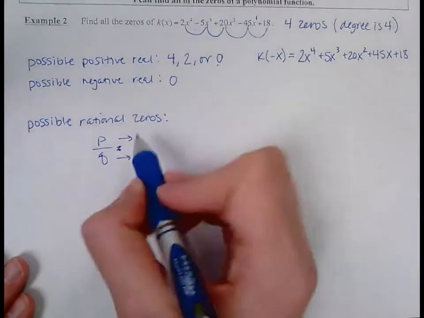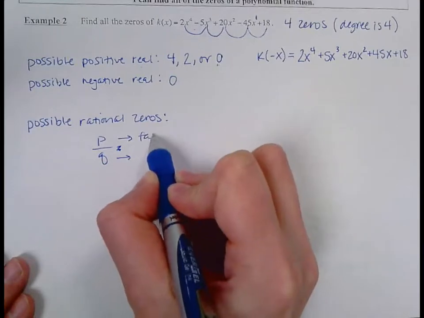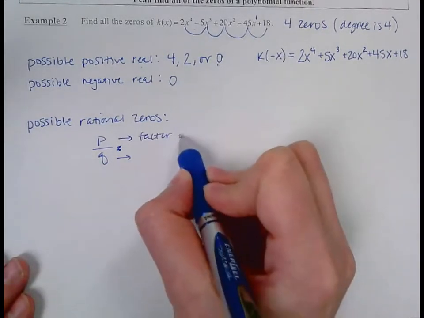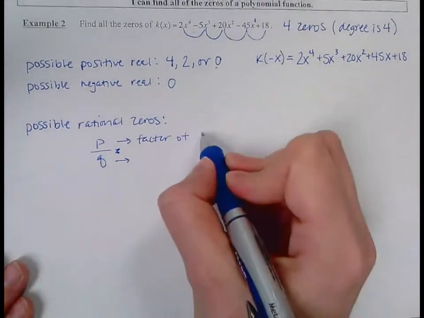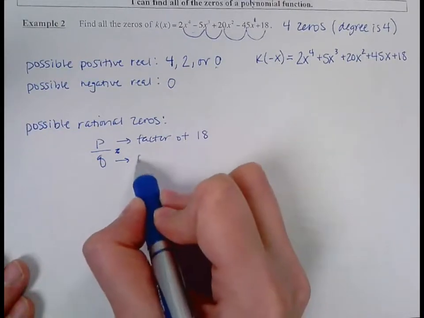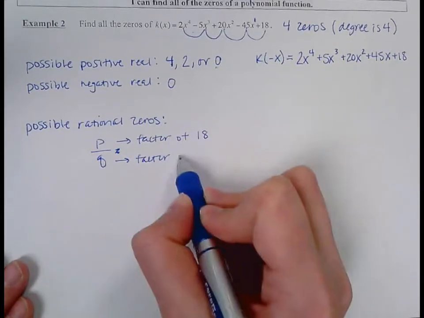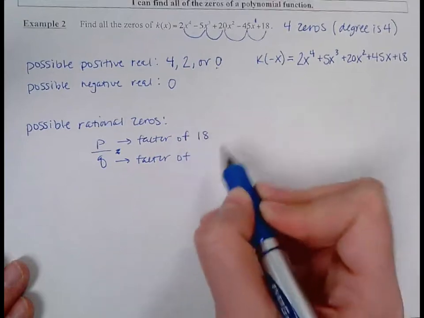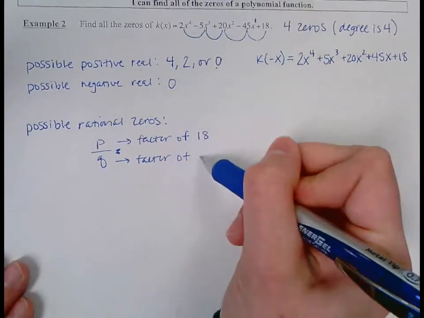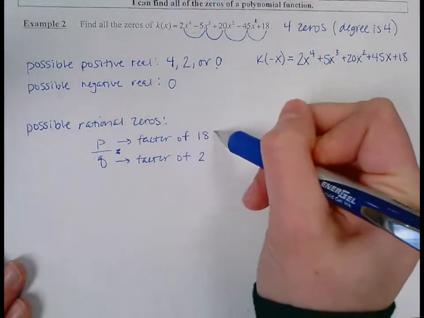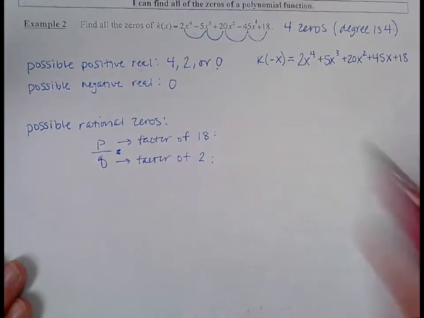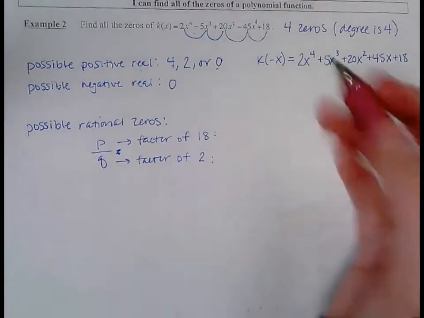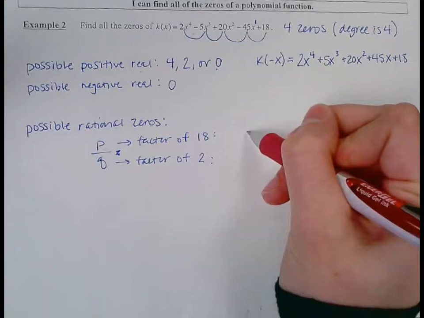So in this case, P should be a factor of what number? 18, our constant. And Q is a factor of the leading coefficient 2. So what are factors of 18? 2 and 9.